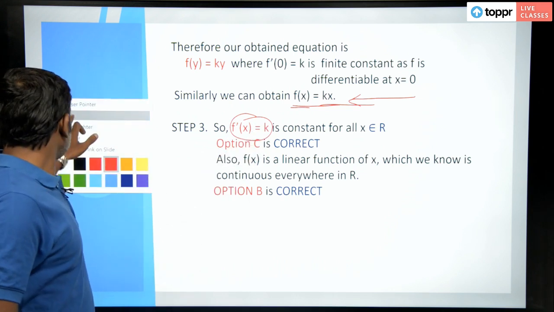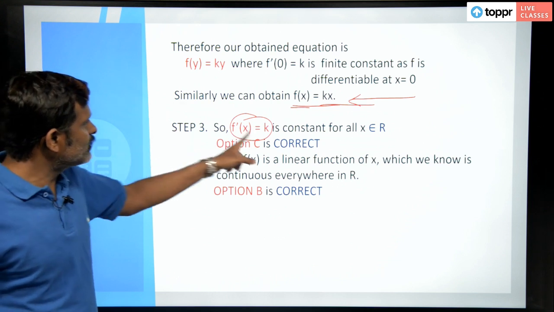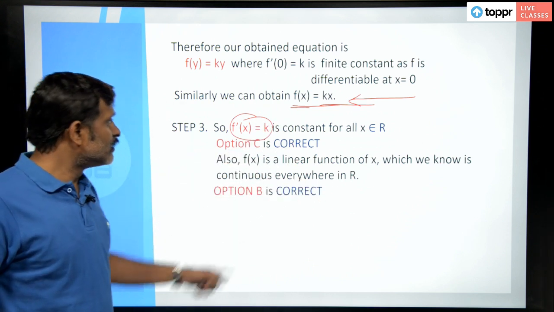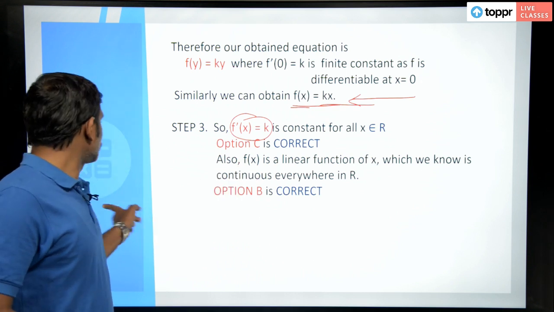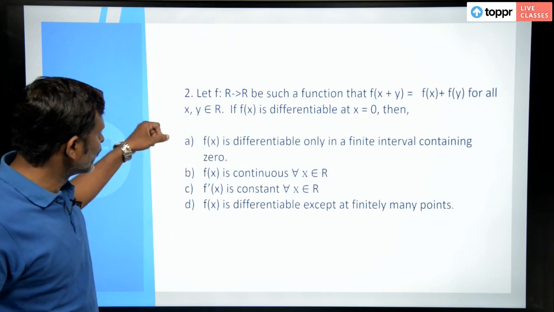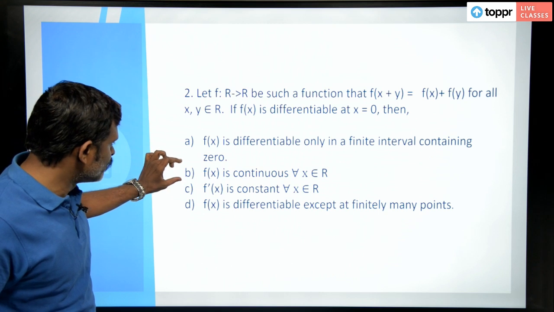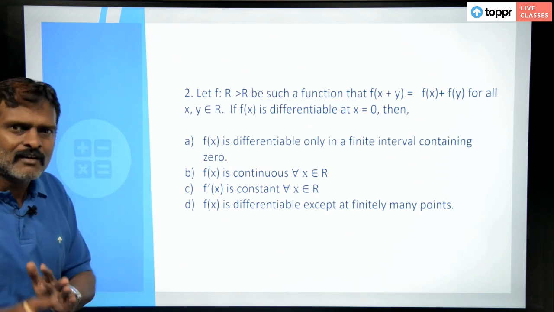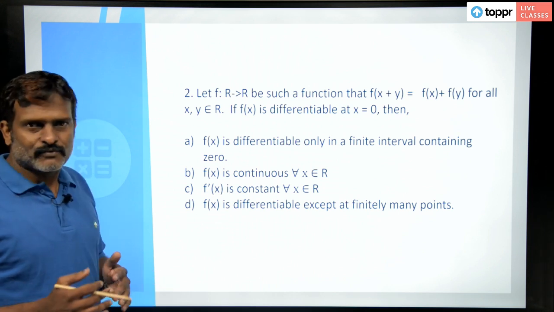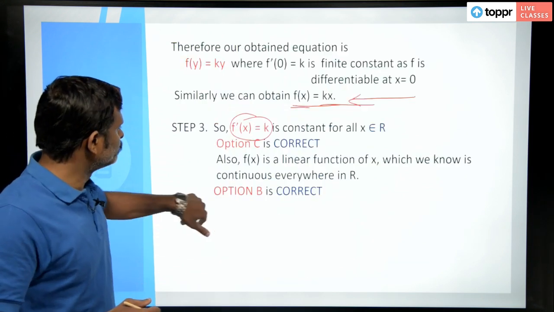So, what do we have now? f dash of x is constant for all x belongs to R and also f is a continuous function. So, I can say that f of x is a continuous function and f dash x is constant. So, B and C are for now correct answers for me. Let us check about the others.